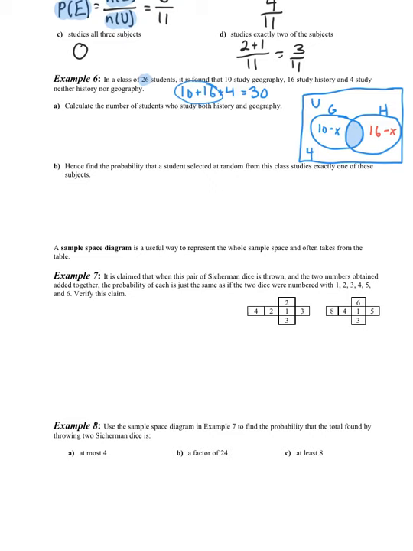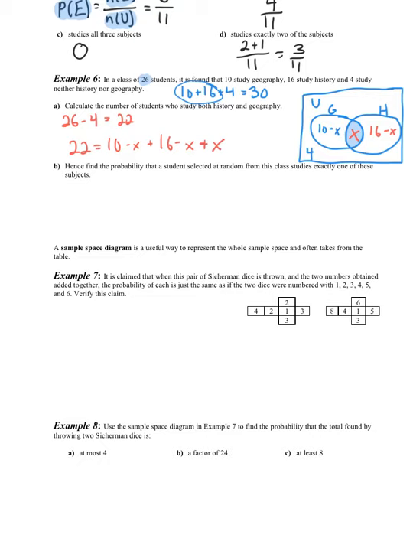All right. So we know there are 26 students total, and there are 4 of them that aren't studying either subject. So we're left with 22. Now I can say 22 equals 10 minus x plus 16 minus x plus x. The number in the middle should just be an x.